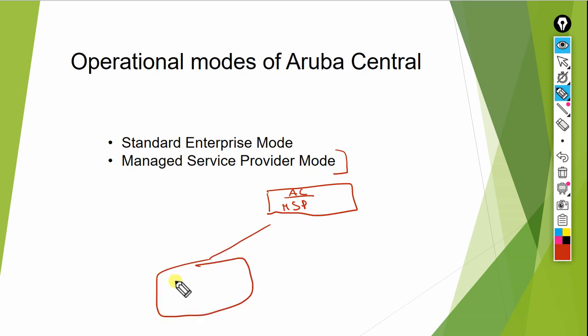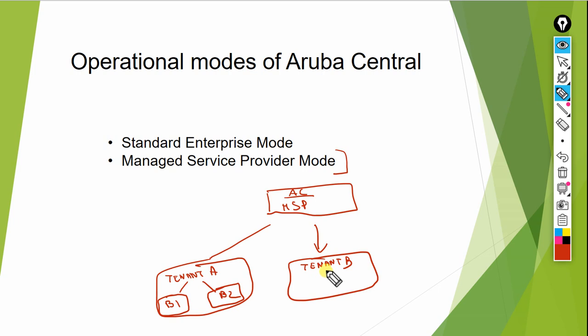Then let's say you have tenant A, and then you have tenant B. Inside the tenants, there can be multiple branches, and inside the branches, there can be multiple devices. So let's say this is branch 1, I type it as B1, branch 2, and in a similar way, you have branch 3, and then branch 4, which are part of tenant B.